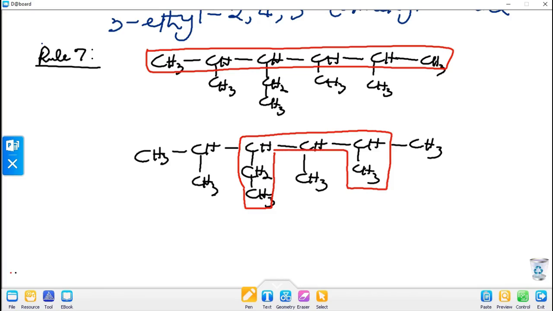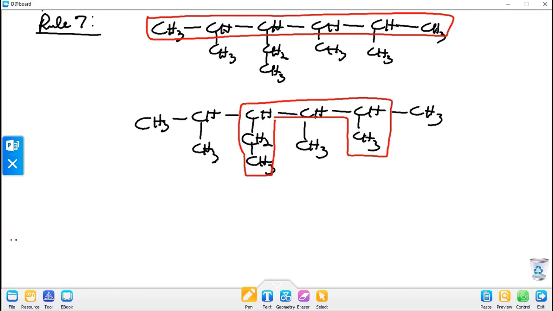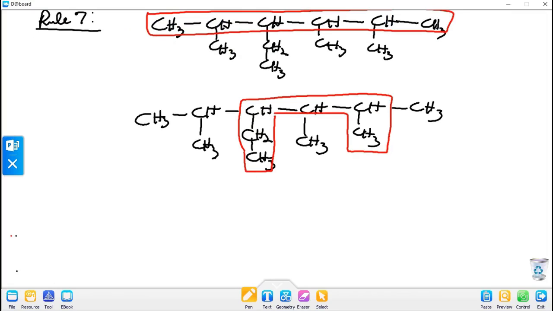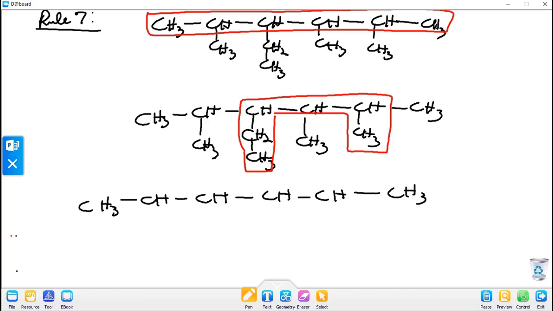And some other person may have his or her structure like this, CH3, CH, CH, CH3, and here we have CH3, CH3, CH2, CH3, and we have CH3.